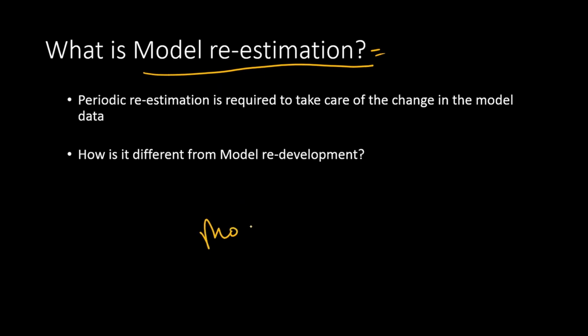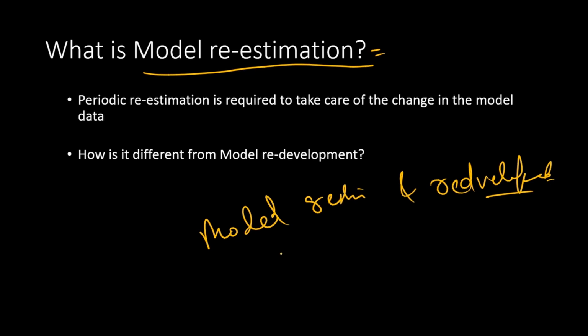So model re-estimation and redevelopment are different. Model re-estimation is using the same data, same number of variables, only you are estimating it again. You are estimating it with maximum likelihood or any other estimation technique.